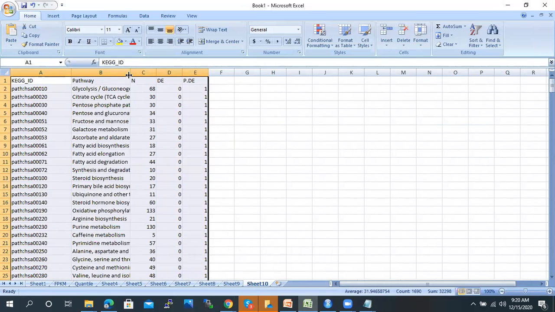So just in case, while running DESeq or DESeq2, if you are not obtaining this output, it means the number of significant genes is not sufficient in your particular results. That's why you are not obtaining these significant pathways.